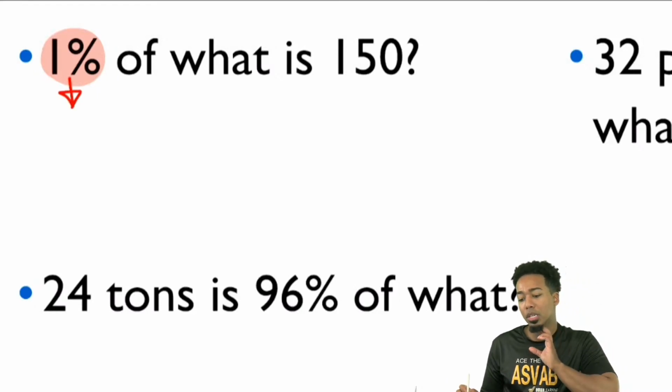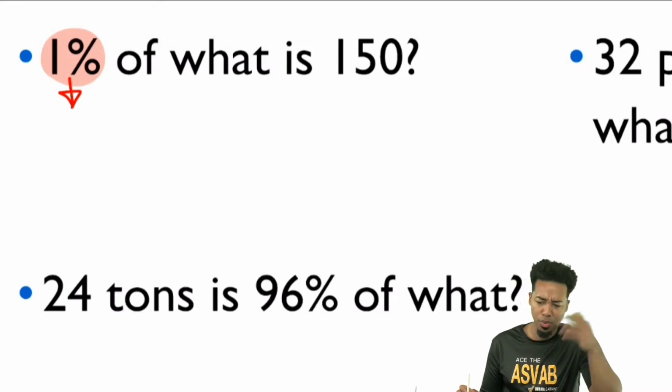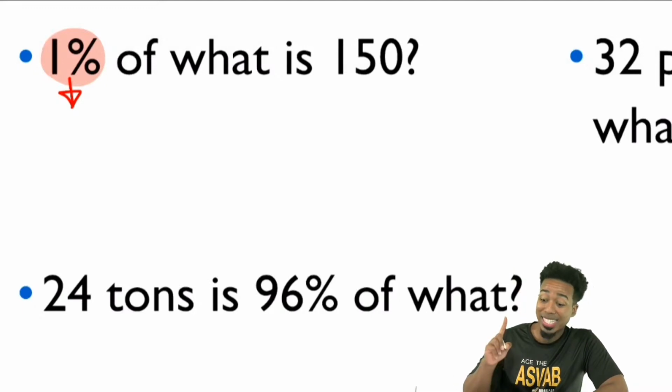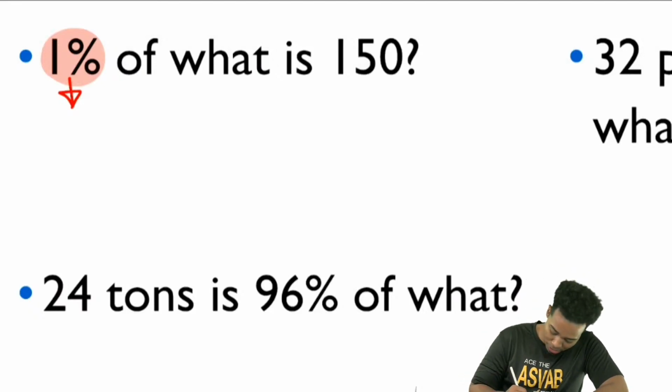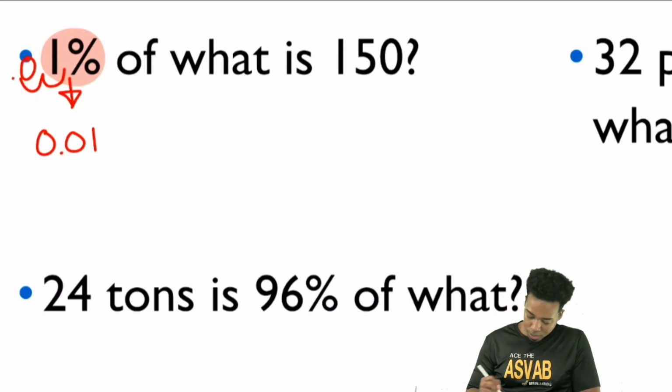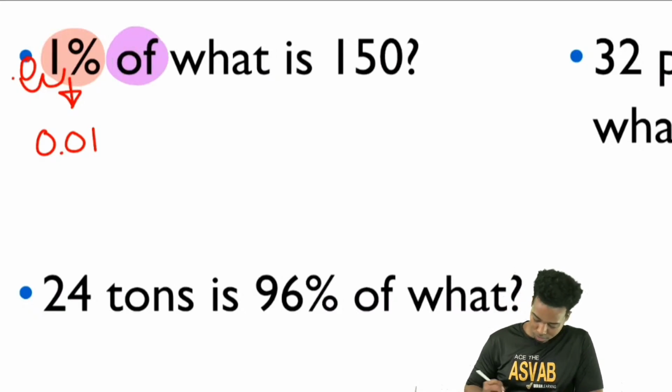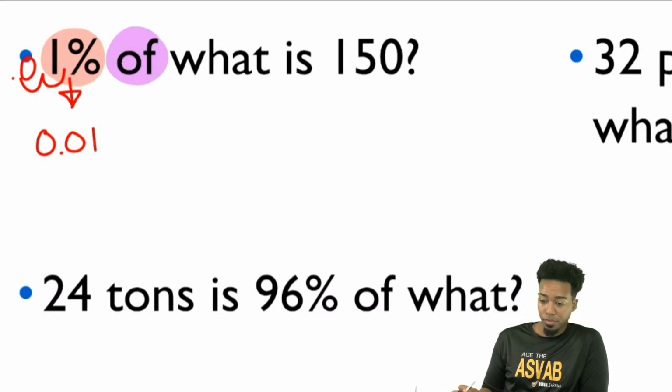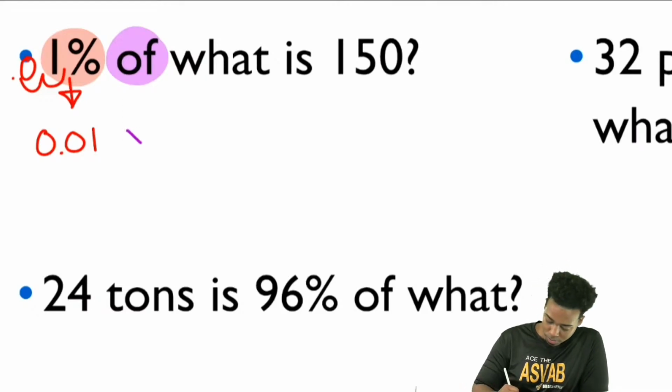1% would be 0.01, not 0.1. We move the decimal twice, 1, 2, so there's a 0 right there. So 0.01. Everyone remind me, the word of means what again? Means multiplication.